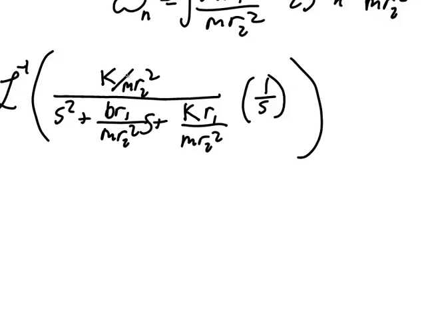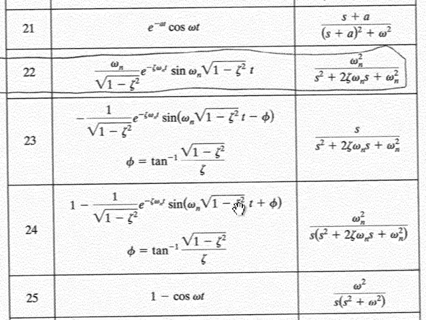Now, in order to get my numerator to match this term here, I can see that it would match if I had an r1, and then all I would have to do is multiply this times 1 over r1, and that's a constant, and that would get rid of this term that I multiplied up here. So the inverse Laplace of this whole term will be 1 over r1, the constant, and then it'll be this whole term here that matches with line 24.